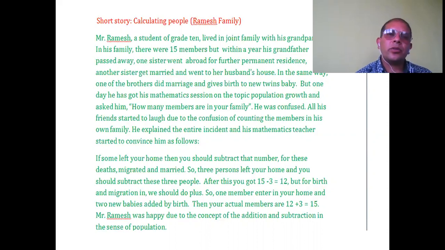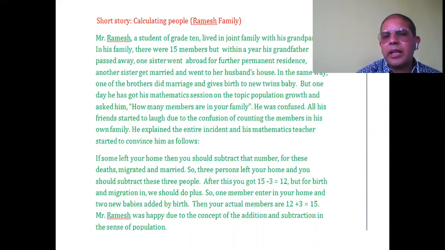In this short story, Ramesh was confused because he knew there were 15 members in his family. After some evidence, he couldn't tell the total number of members in his family.